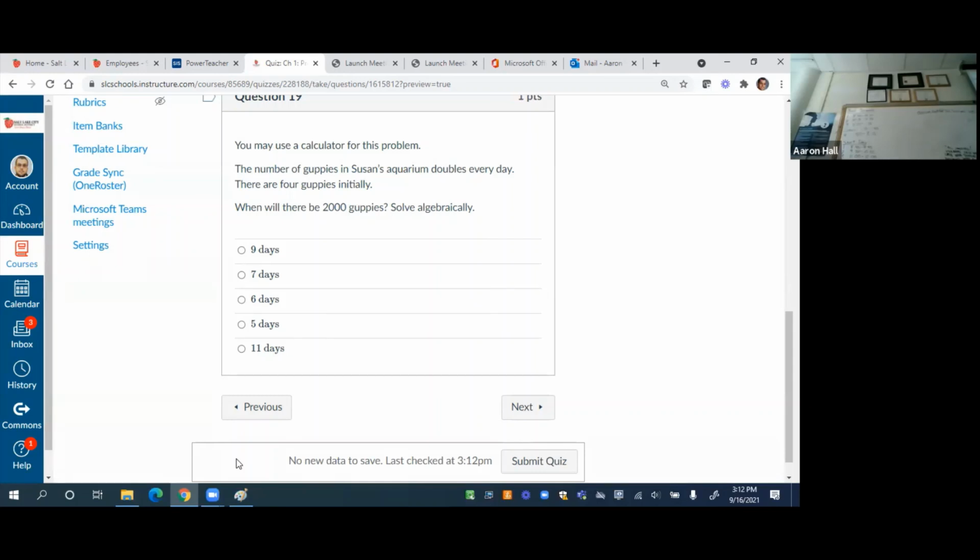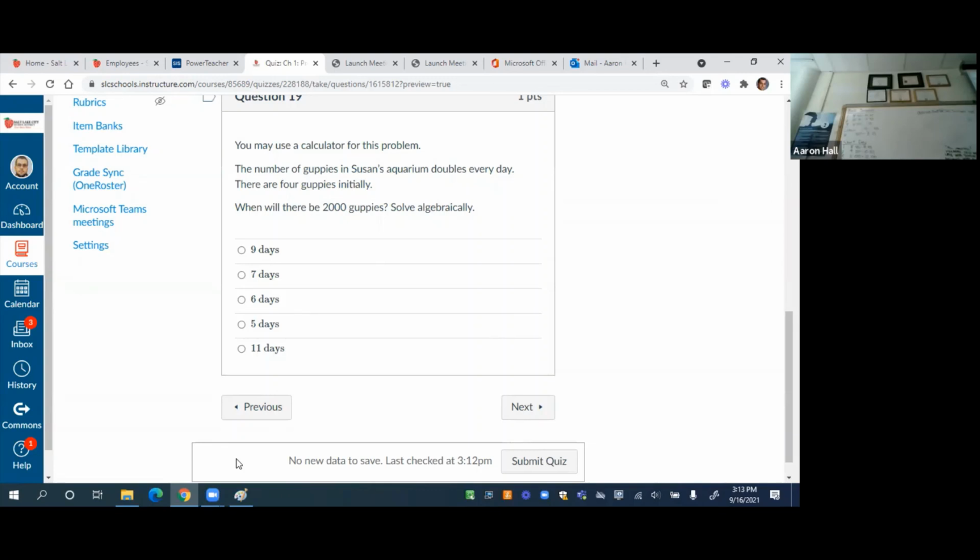And then let's see if we can scroll down to see something that has log. I think that's just log base 10.